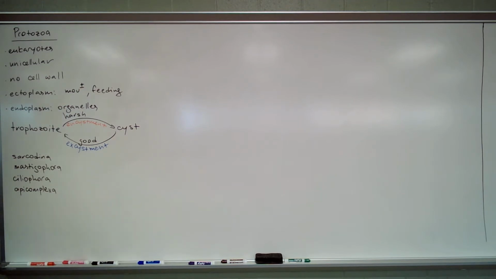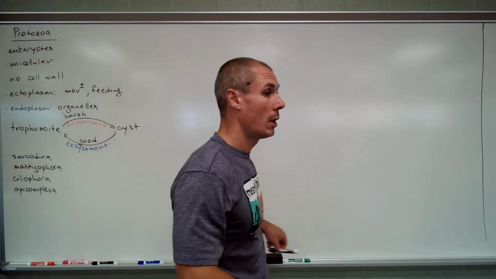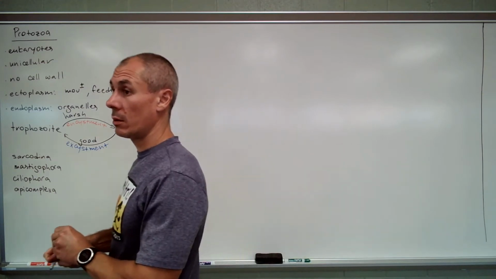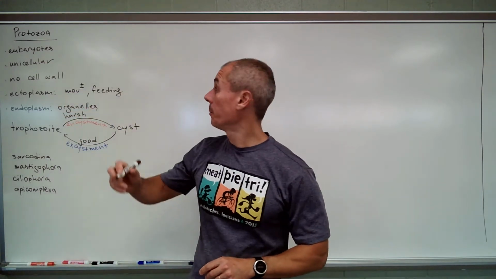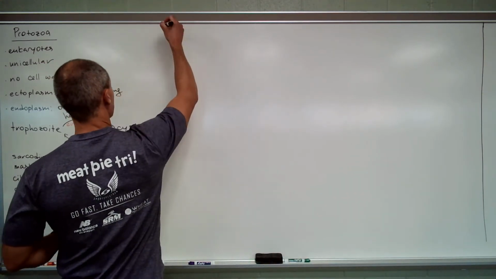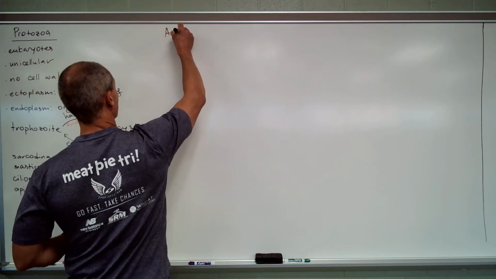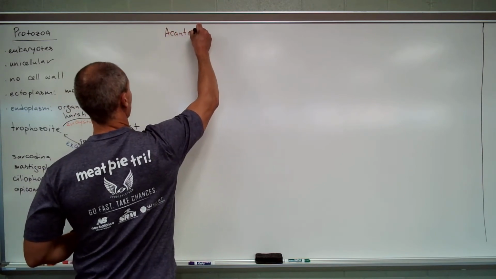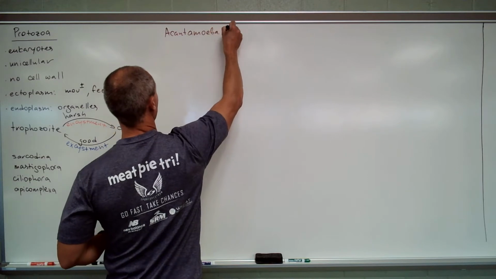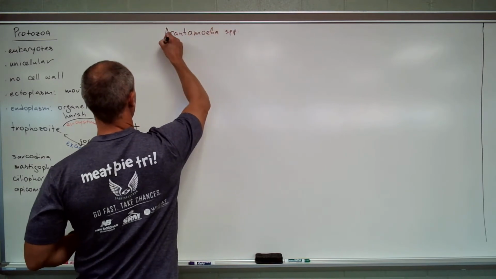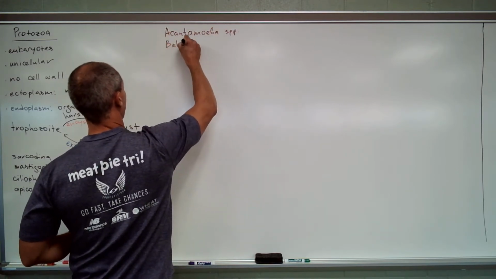All right, so let's talk about some bugs. We're going to start with a few amoeba. The first group is Acanthamoeba, various species, and Balamuthia.